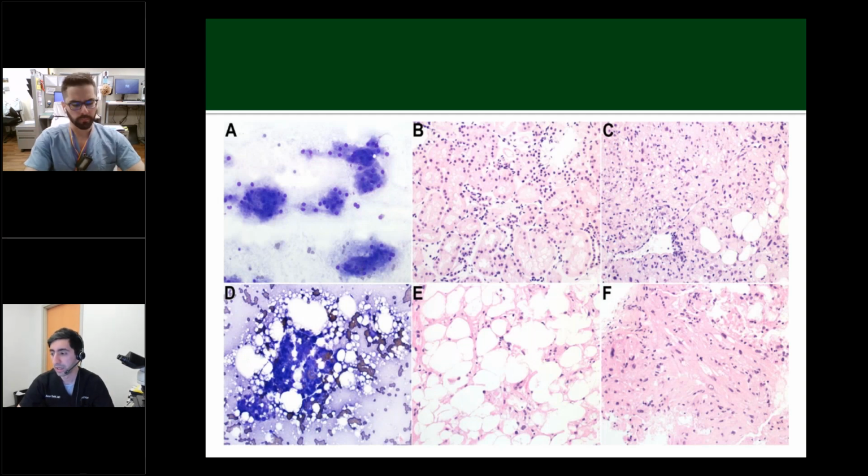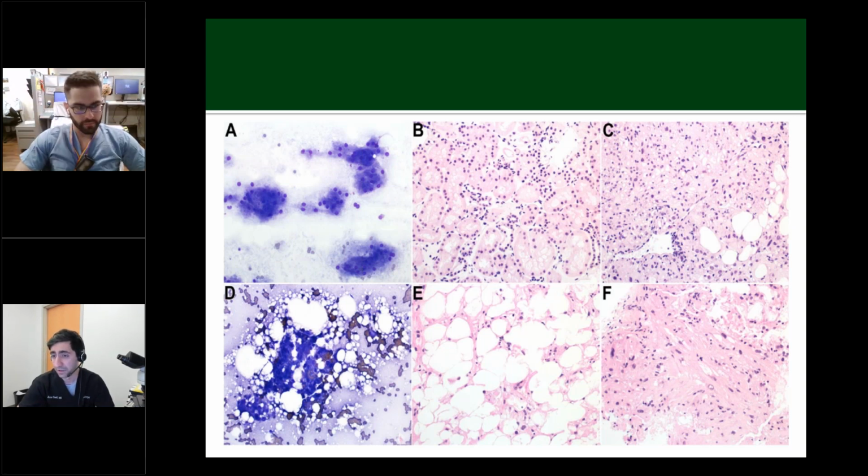Here is the image showing that, as we said earlier, angiomyolipoma may mimic other neoplasms, especially on the touch prep or during ROSE. In figures A to C, you can see a case interpreted as oncocytic neoplasm.